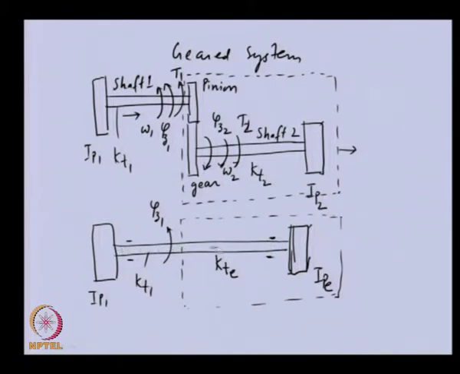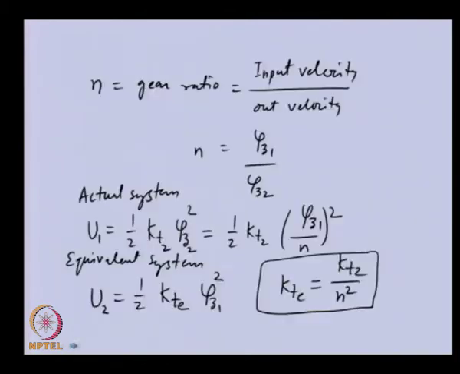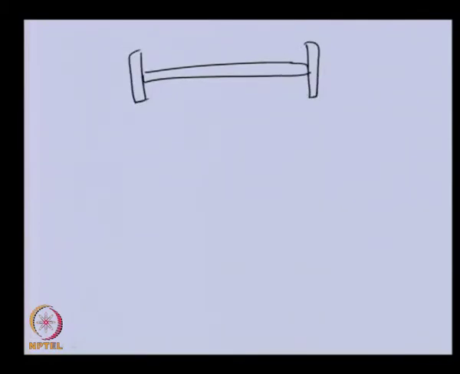So, we can find the total stiffness of this, and then, as we did earlier for the single shaft system, we can analyze the torsional vibration. I am not repeating that here, the only thing that differs will be the mode shape. So, this is the equivalent system for the two rotor system which we obtained.